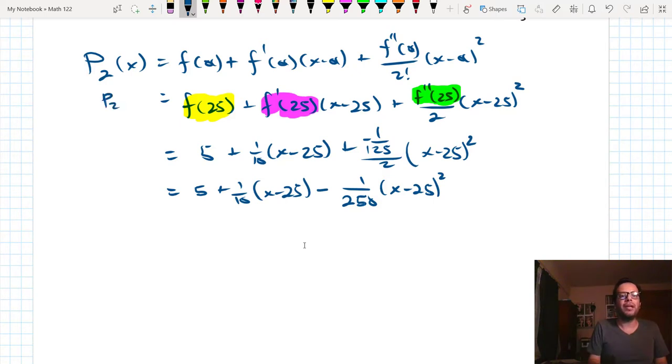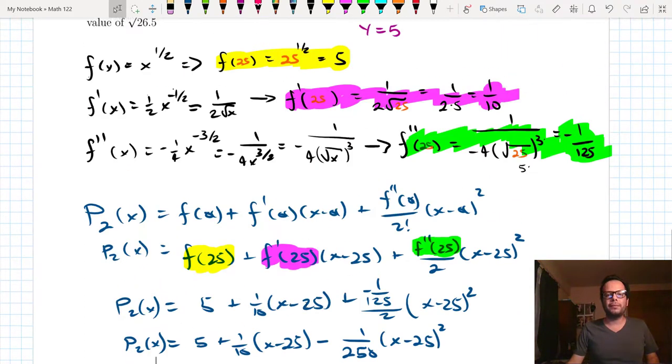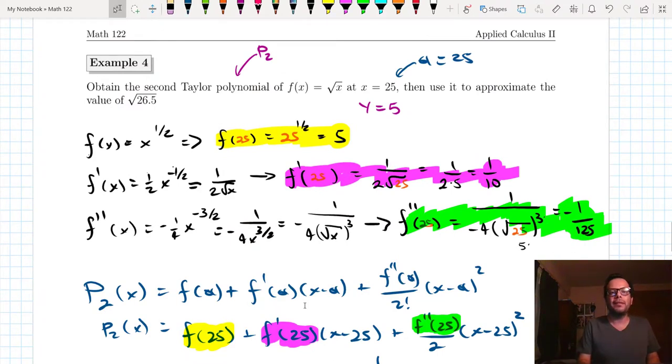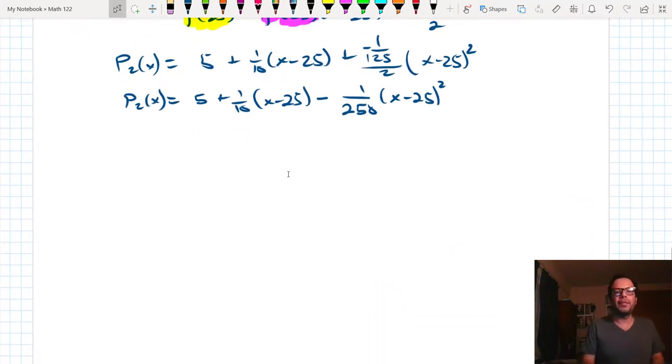So this is P2 of x. Now they're asking us to use this expression, this function, to approximate the same quantity, the square root of 26.5. Okay. So in this case, P sub 2 of 26.5.